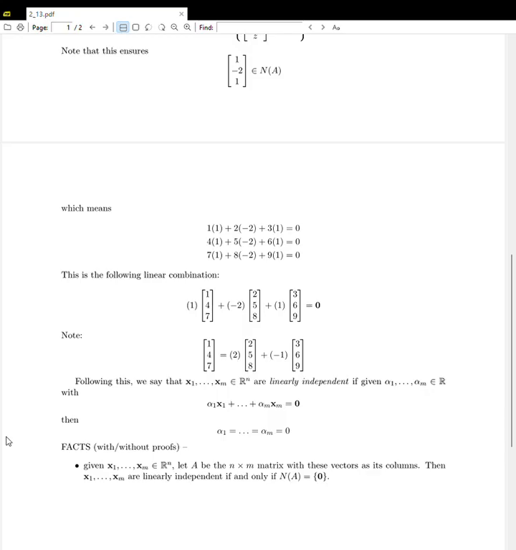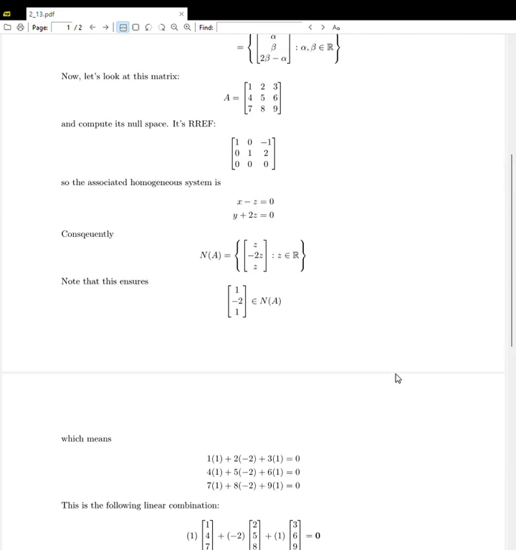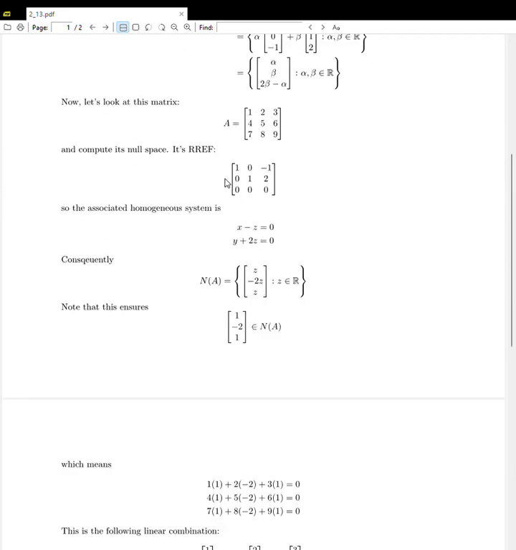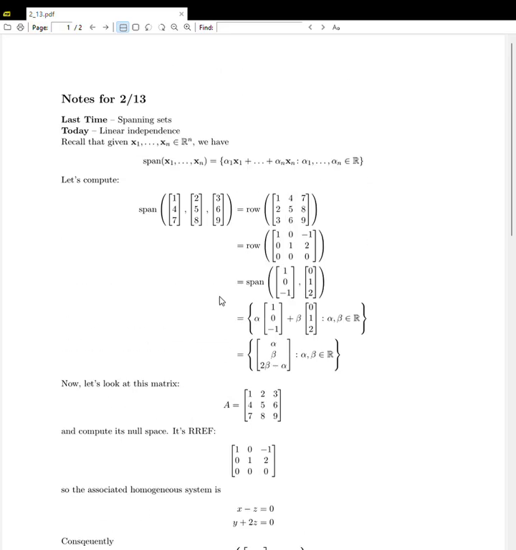So, for example, as we just saw, our vectors here that we got are linearly dependent.